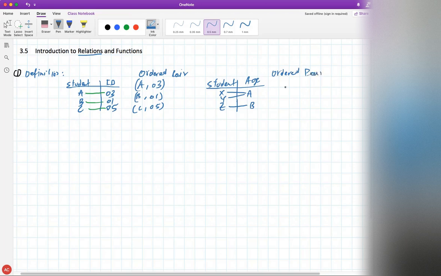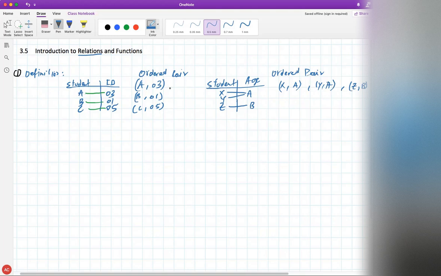Then YA, another pair. And the third pair is Z and B. Okay. So all these ordered pairs are basically the same information, the same data as this table. We just wrote it in a different format.